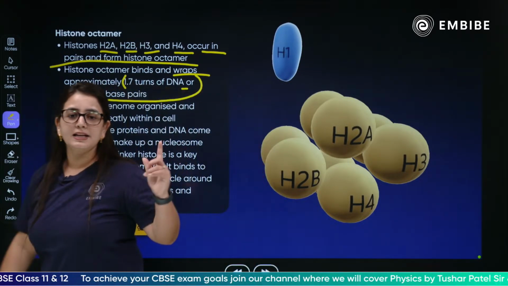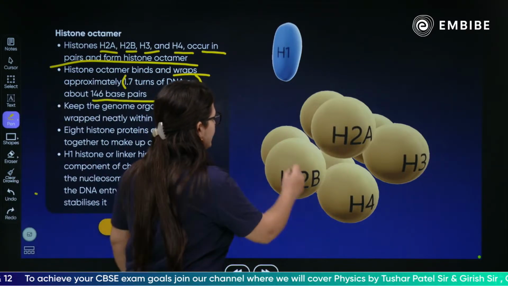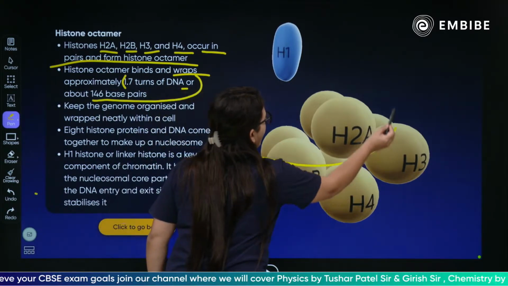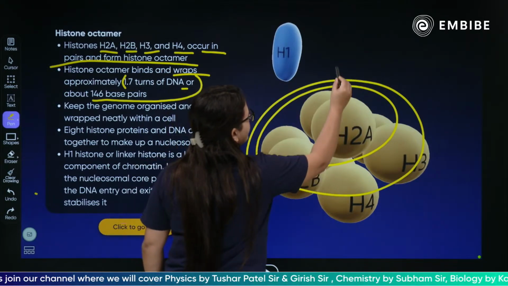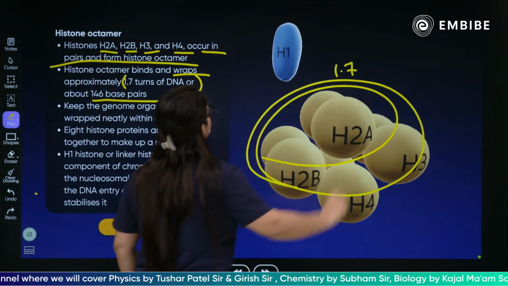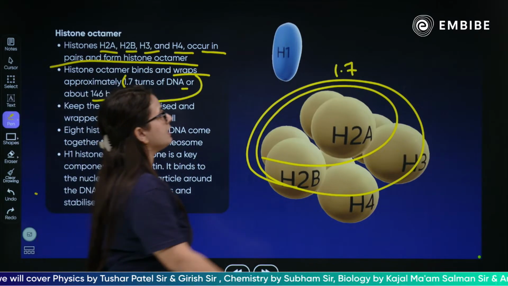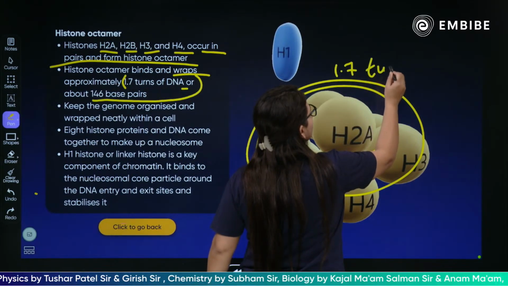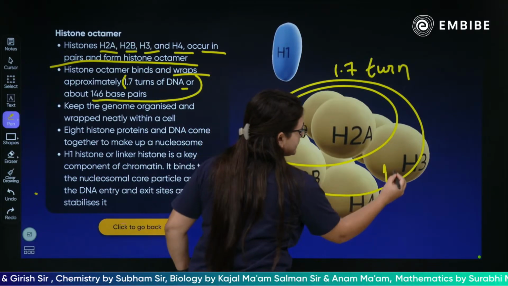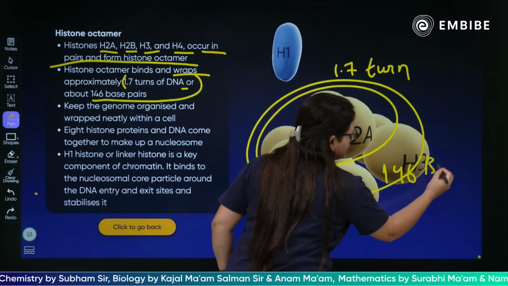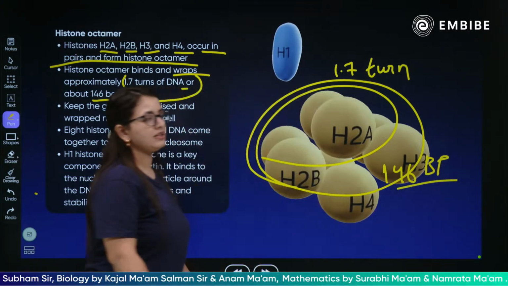Yes, one histone octamer will wrap around 1.7 turns, not even 2, 1.7 turns, which is approximately 146 base pairs. This octamer only wraps around this.